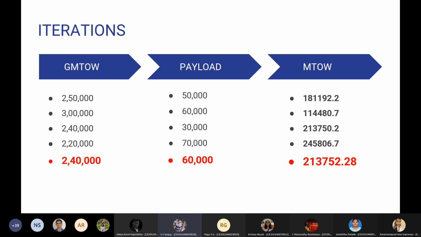So when 2,40,000 is your assumed weight, you're getting the final weight as 21,000 something. So shouldn't GMTOW and MTOW be the same? Only then the difference would be zero, right? Now here the difference is around 30,000 kg. That's not a small difference, right? I meant, should you perform more iterations?